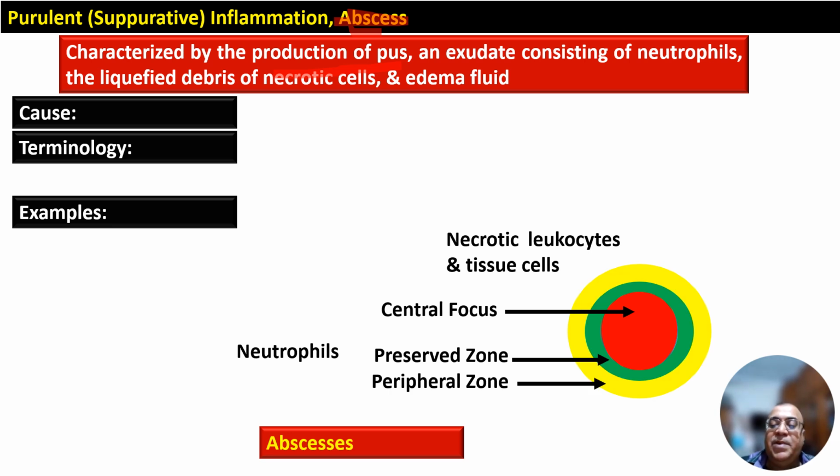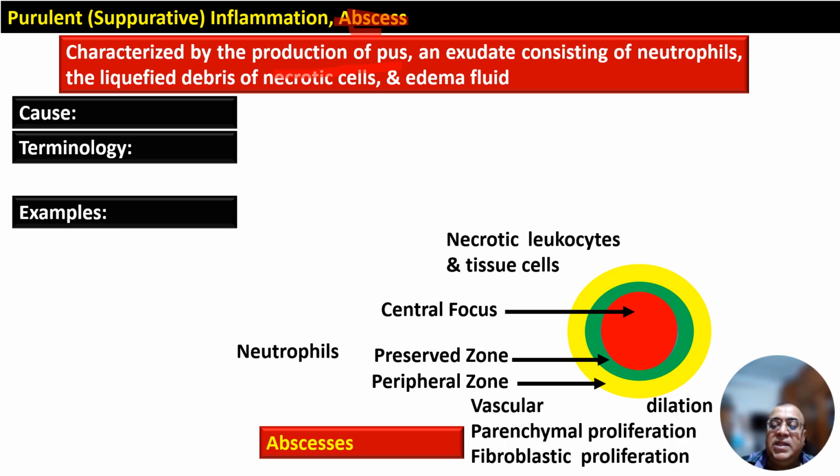Then there is a peripheral zone outside this preserved zone, and in this peripheral zone there is vascular dilation, parenchymal proliferation, and fibroblastic proliferation. Parenchymal and fibroblastic proliferation are characteristic of chronicity of this condition and an attempt at healing.